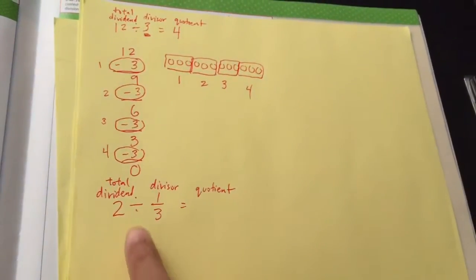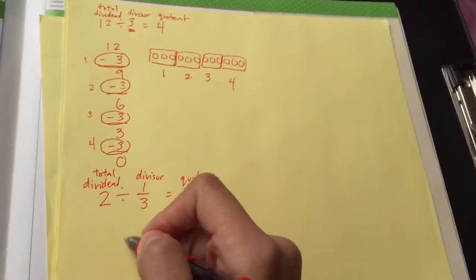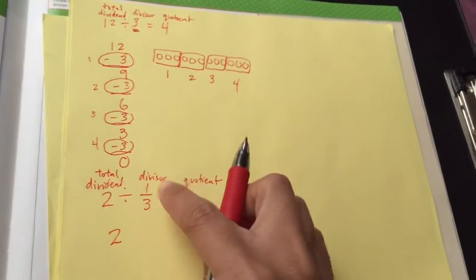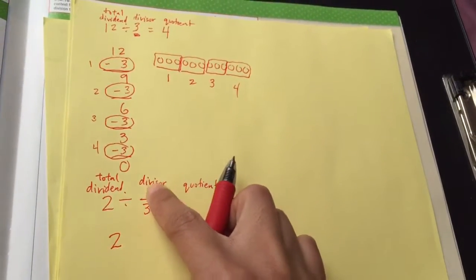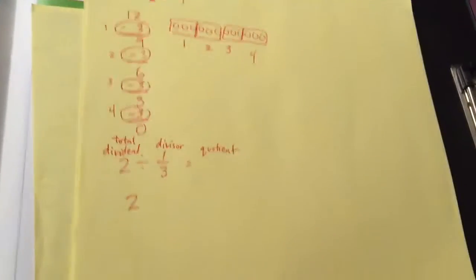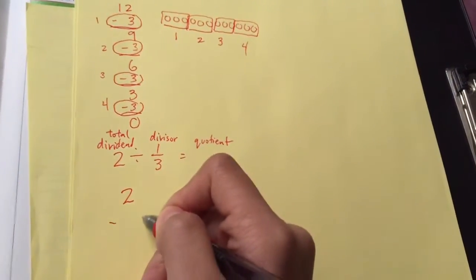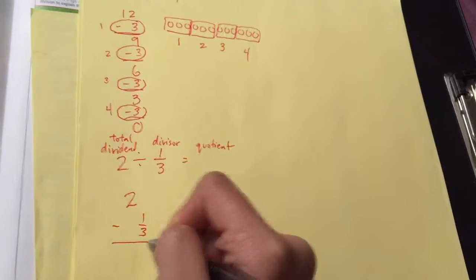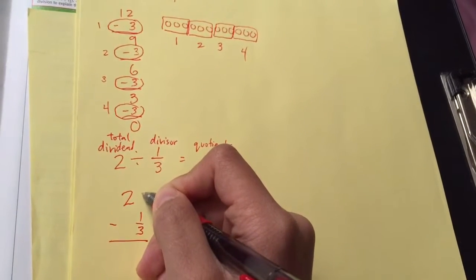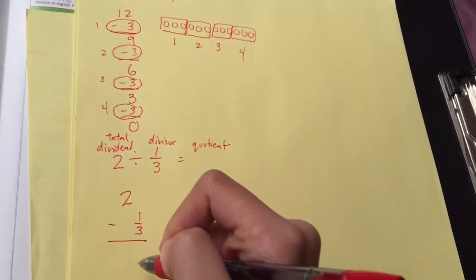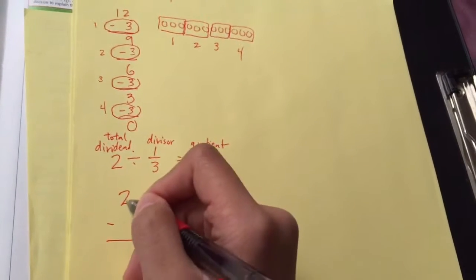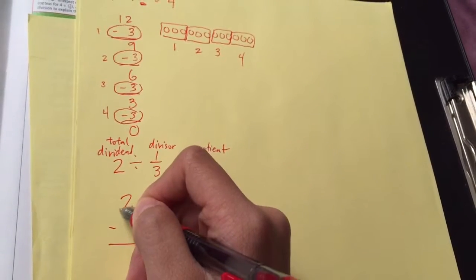And we start with 2. Each time, since division is repeated subtraction, we're going to subtract 1/3. So 2 minus 1/3. Since you can't do 0 minus 1 without regrouping, you'd get a negative number, and you don't want to do that.